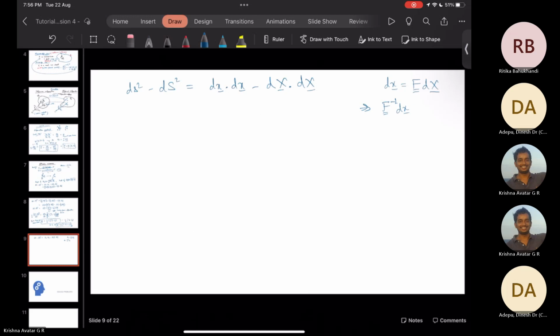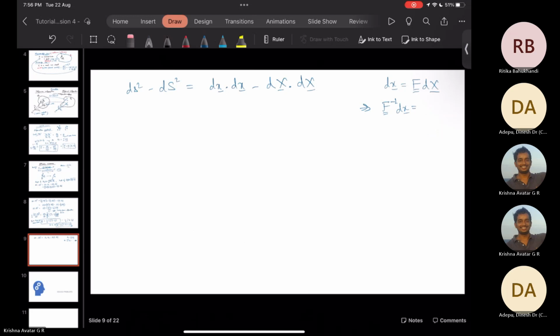Now you see that on the right hand side you have F inverse F dX. So you recall that the inverse of a tensor multiplied with the tensor is nothing but identity. Which means that the right hand side is just dX.